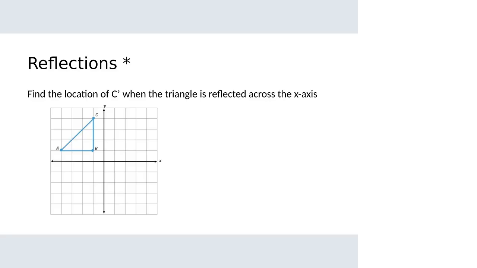Reading the X and Y axis, being able to identify a point, is pretty important here, because we've got to make sure we can identify the thing that we're looking for correctly. You might be able to perform the reflection, but then not identify the point correctly. So if you have any trouble with that, make sure you let me know.